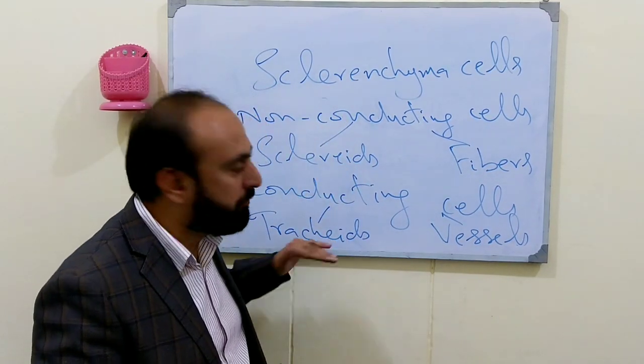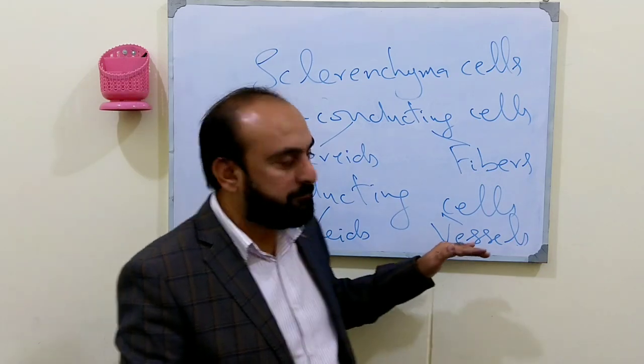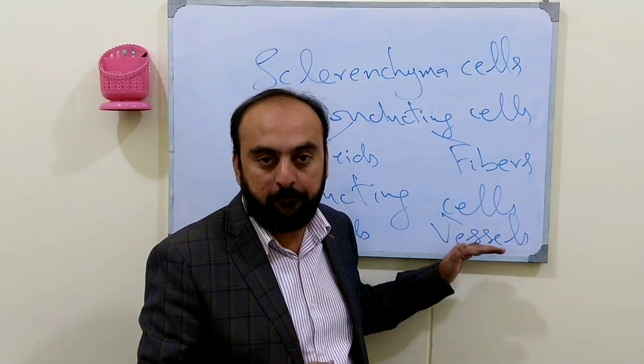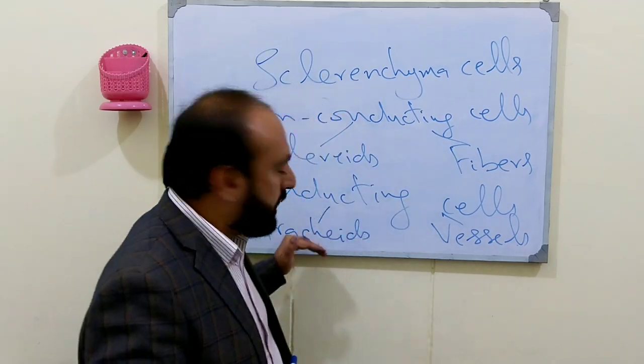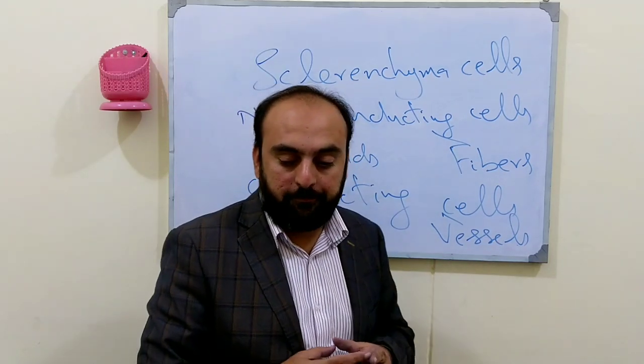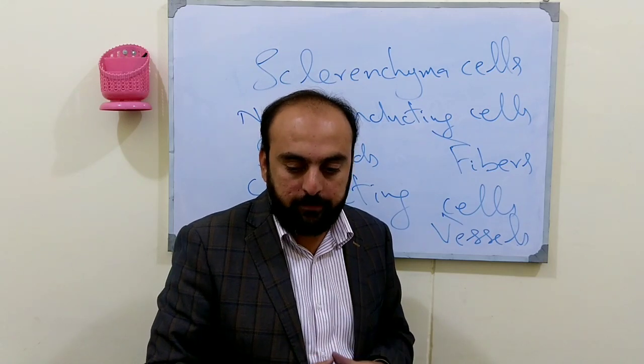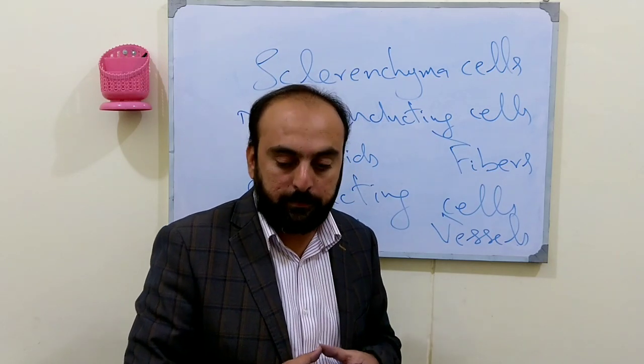Tracheids have no perforations, whereas vessels have perforations all over. Tracheids are shorter in length, whereas vessels are longer in length.